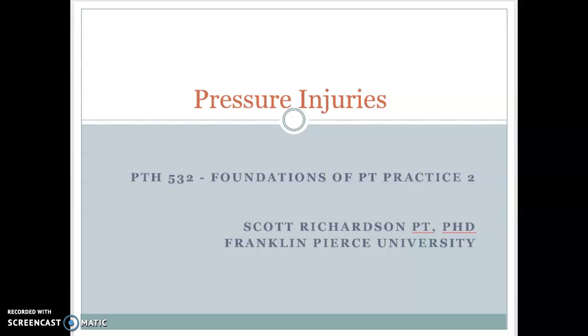So just a couple of comments about the end of that first lecture, kind of the reason for footboards. We also talked about draw sheets, and same idea. As patients gravitate towards the foot of the bed, the draw sheets are a useful tool to lift the patient and move them towards the head of the bed. Okay, so we talked about the pressure points for patients in various positions, supine, sidelying, prone, in the first lecture, and we'll talk a little bit more about that today as we discuss pressure injuries.